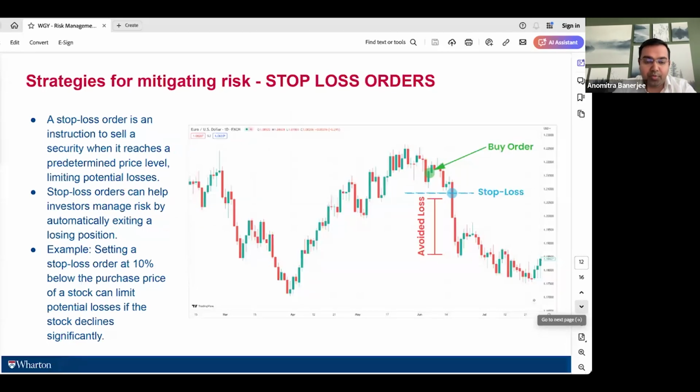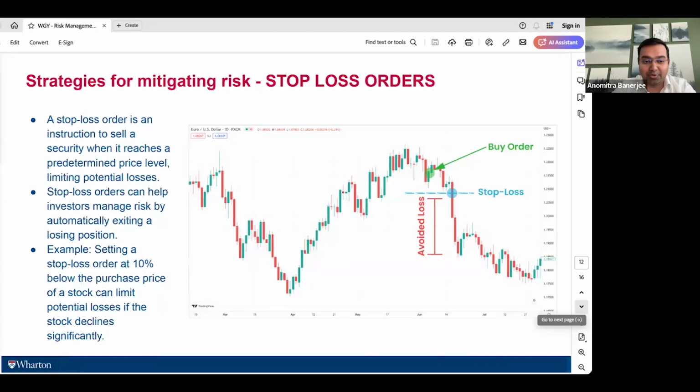The third important way of mitigating risk is to have stop loss orders, right? And I have a very important story to tell here. One of the stocks that I had invested in, and without any names, I had forgotten to put a stop loss order. At that point of time, I was outside the United States and the stock was in the United States.